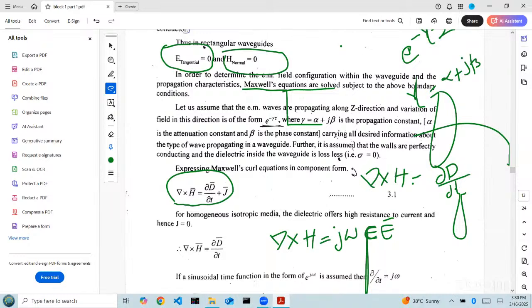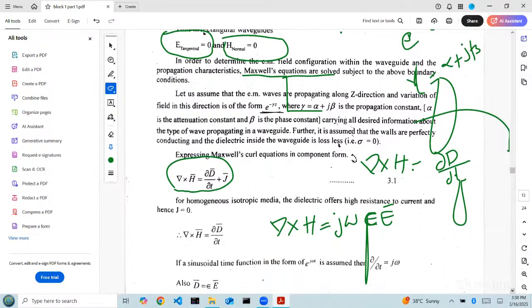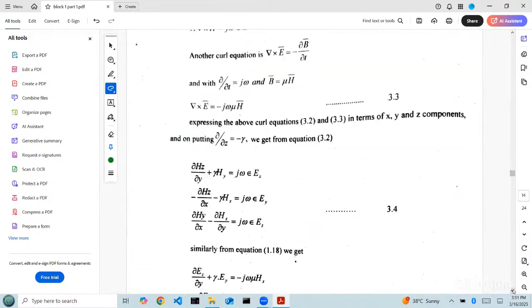Next come to del cross E. We saw the curl of the magnetic field. Now we will see the electric field. Del cross E. What is the other curl equation?